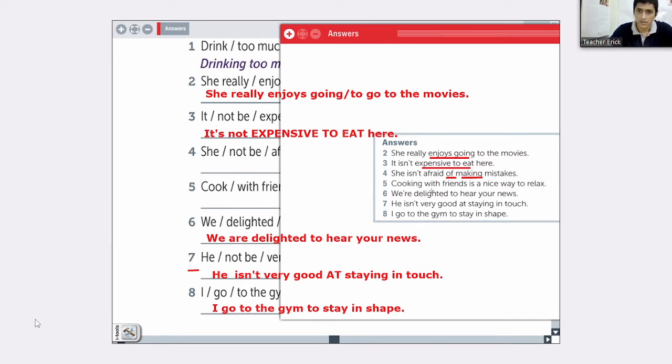Number 5, cooking, como sujeto de la oración, ING. We are delighted, adjetivo. Después viene el infinitivo. Number 7, he is very good at, preposición y ING. I go to the gym, so we are giving or explaining a purpose, to stay, okay? So, do you have any question?